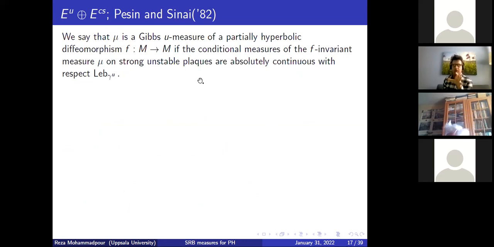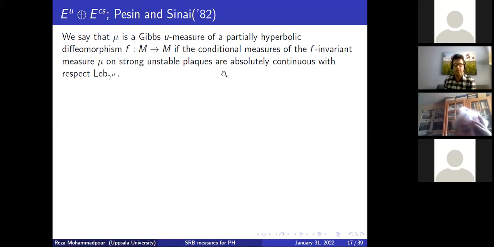Now I'm going to discuss the partially hyperbolic case. In this case, you have a uniform expanding direction and you have a central stable direction. So I'm going to discuss a partially hyperbolic system with uniform expanding plus central stable.